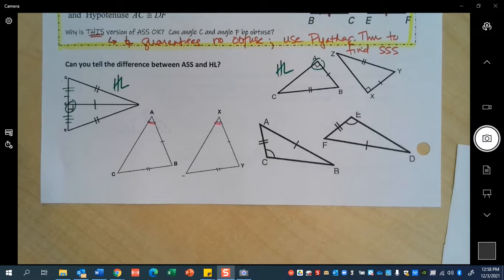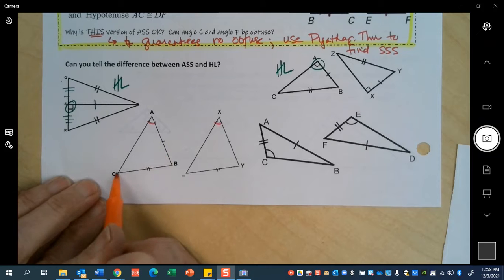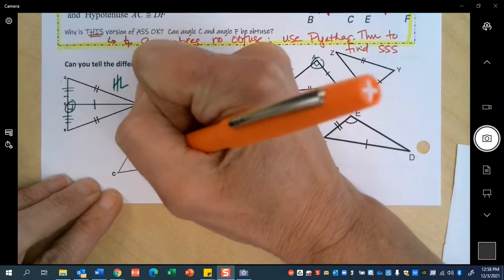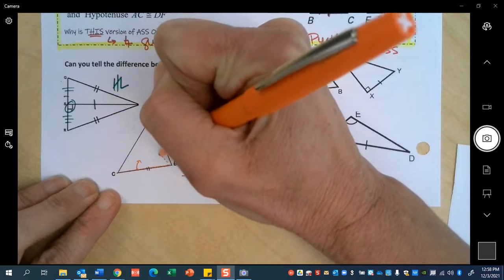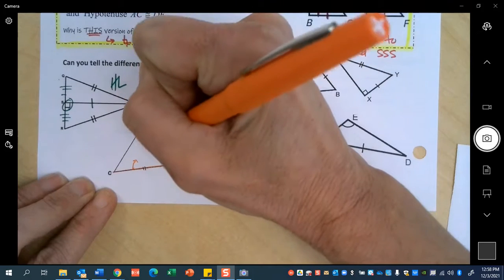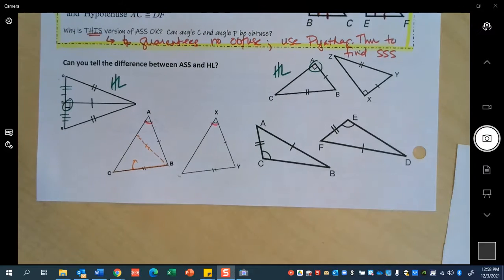So with this one, I want you to imagine BC here. I want you to imagine BC swinging in. Do you see the isosceles triangle? There's nothing that says that BC cannot be in here, right? So with this side and this angle, this second triangle is possible, therefore you can't guarantee that these are congruent.